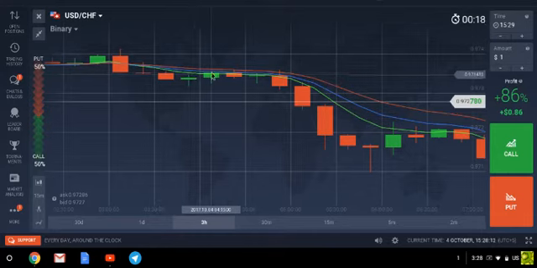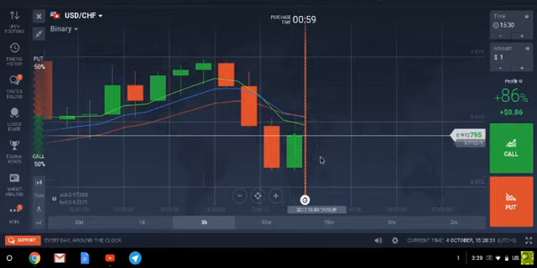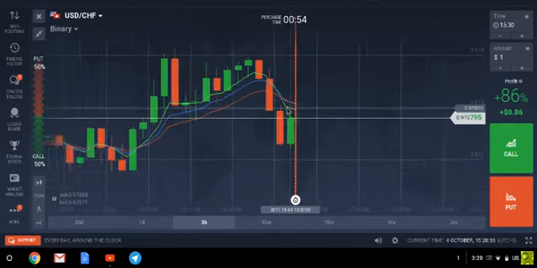The 5-period moving average is down, the EMA 8 is in the middle, and the EMA 13 is at the top. So you can see a clear downward trend. I also personally use this as one of my trend indications.